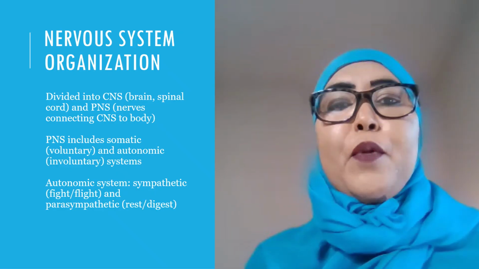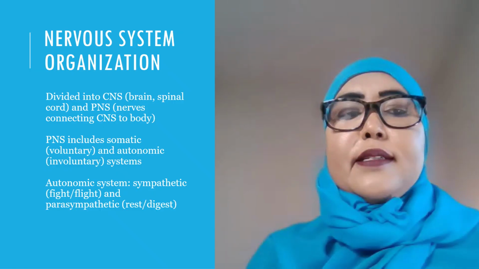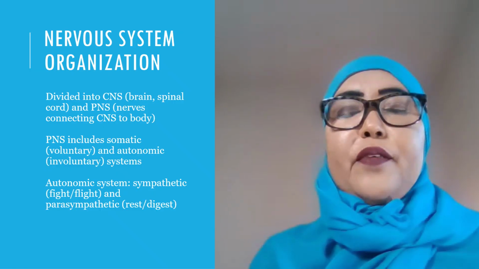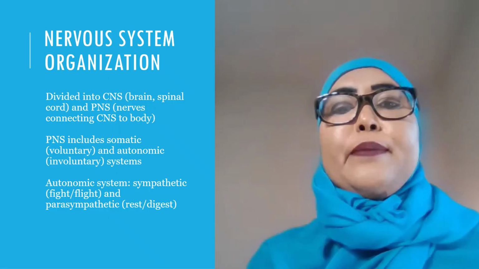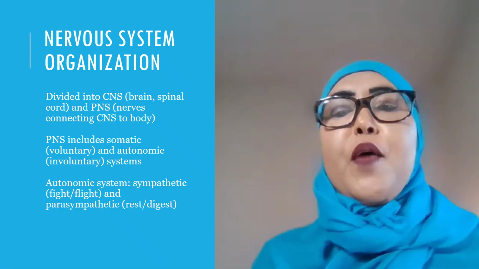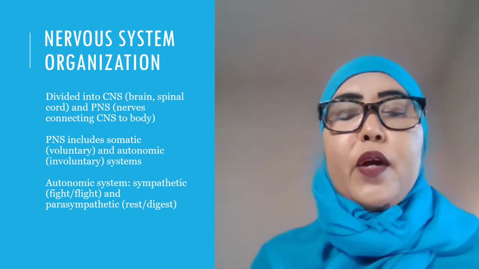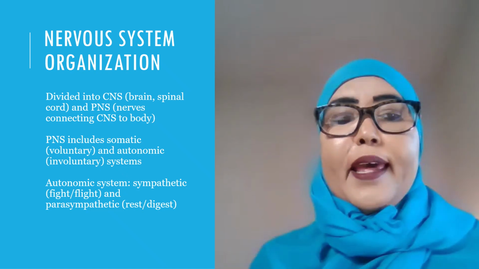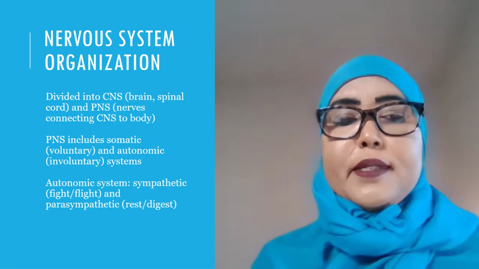Central nervous system organization. The nervous system includes the brain, spinal cord, and peripheral nervous system. The peripheral nervous system includes the somatic, which is voluntary, and autonomic, which is involuntary, systems.